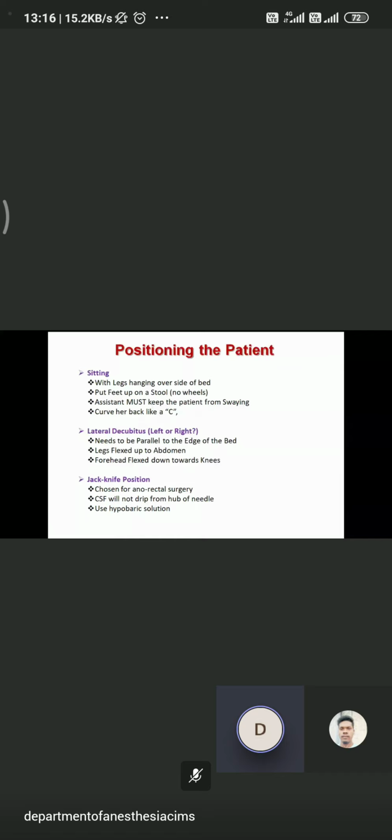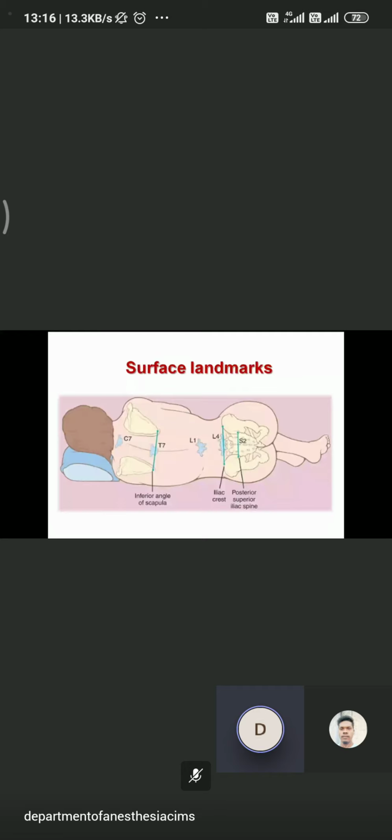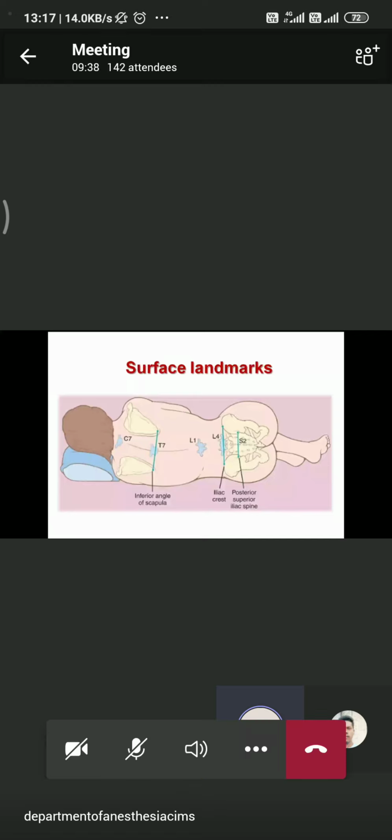So this is the surface landmark again. When we give spinal anesthesia with the patient in lateral position, this is the position of the patient. A pillow is placed just below the head of the patient. The lower border of the scapula corresponds to the T7 vertebra, and this is Tuffier's line, which corresponds to the L4 vertebra.